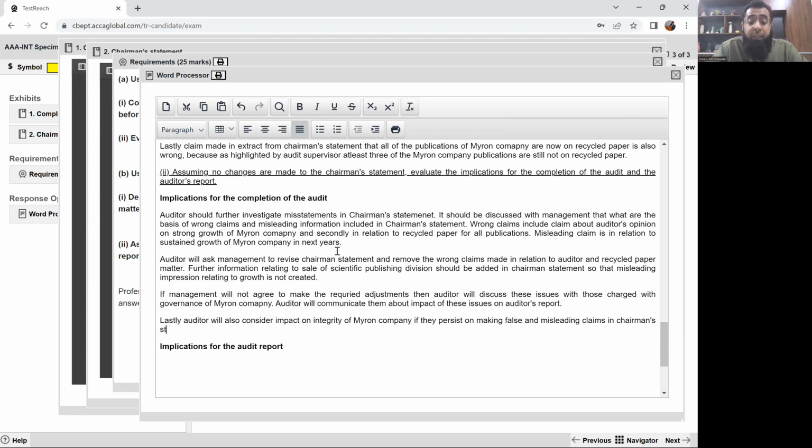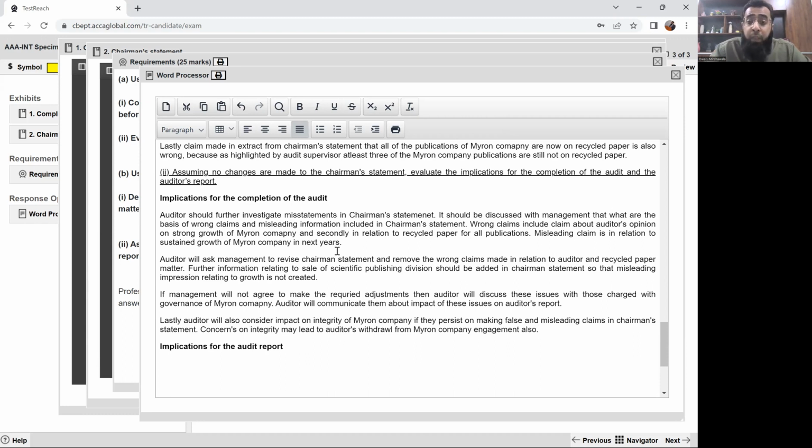Okay, because obviously it is an issue if the client is insisting on making false claims, because these are absolute things. Why are you insisting on making a false claim? So obviously it will create a concern on integrity also. Okay, concerns on integrity may lead to the auditor's withdrawal from Myron company engagement also.